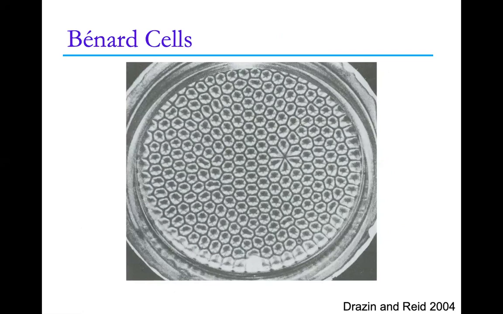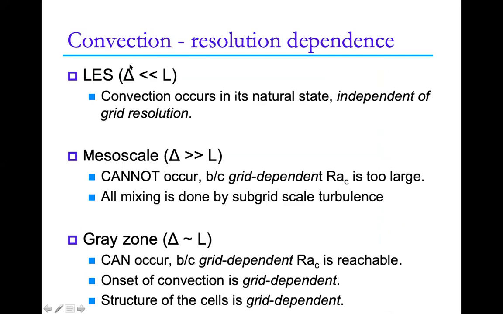Some of the theory that applies to Rayleigh-Bénard convection can be applied to the atmospheric boundary layer, and it helps you to determine when there's going to be convection and when there isn't. That's in terms of the way the model is seeing convection, not whether it's happening in reality or not. The convection that you see in the model is actually quite resolution dependent.